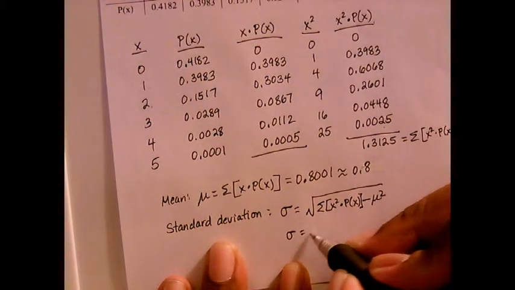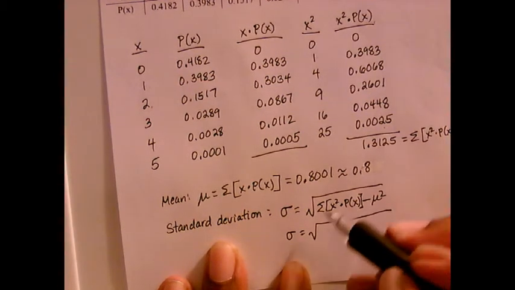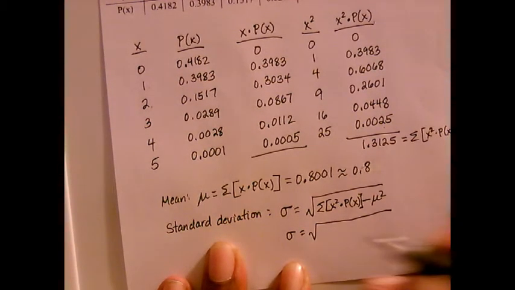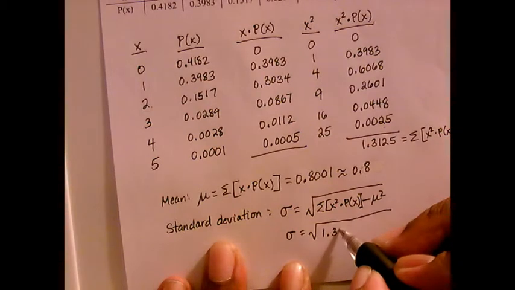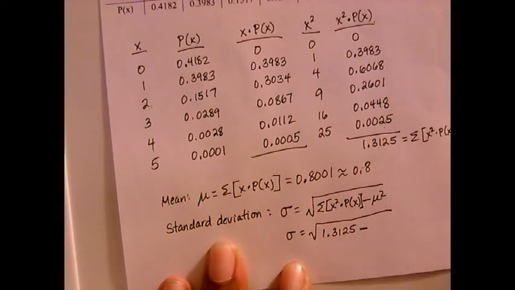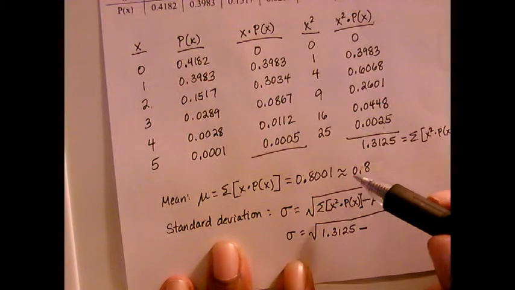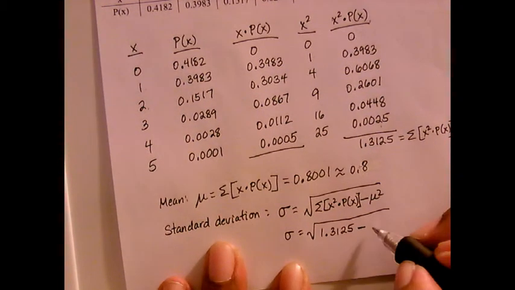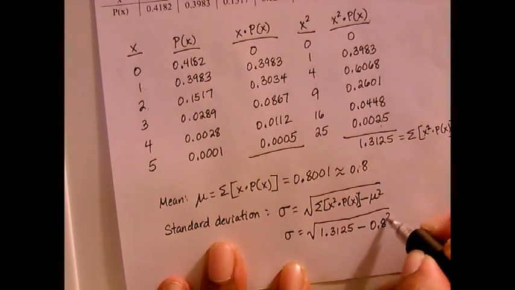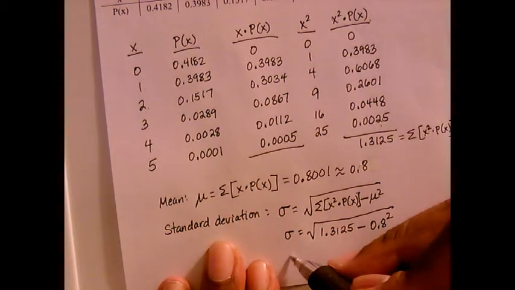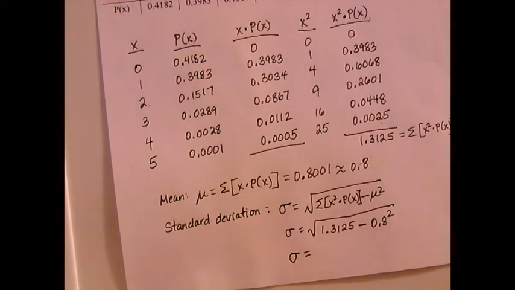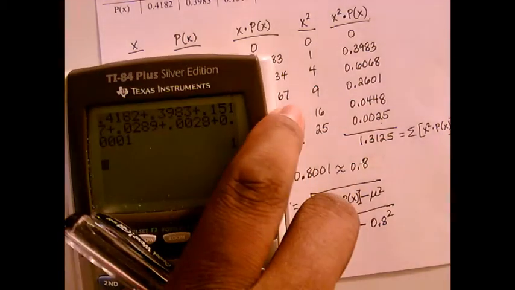So here, sigma is equal to the square root of, this part is 1.3125 minus mu, which was 0.8. So that's going to be 0.8, and you're going to square that. Now this we can type into the calculator, and we're going to have to round that off to one decimal place as well.